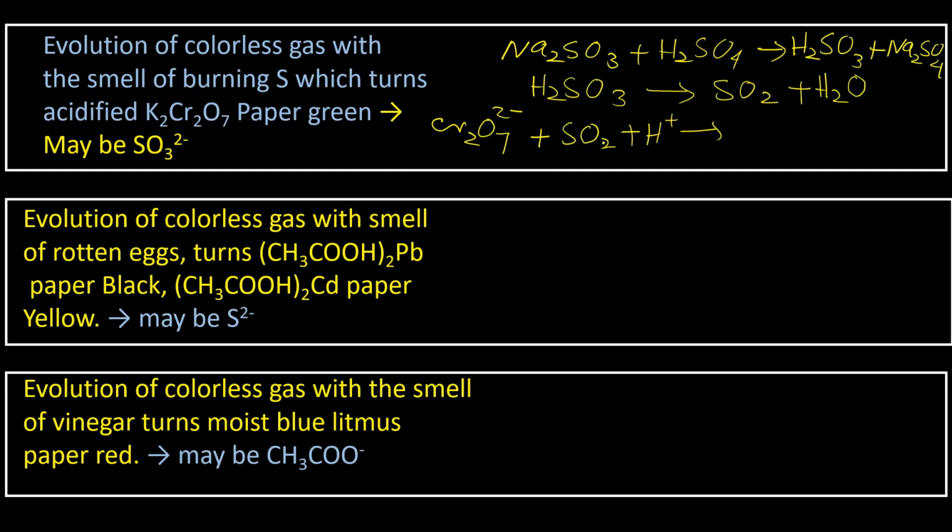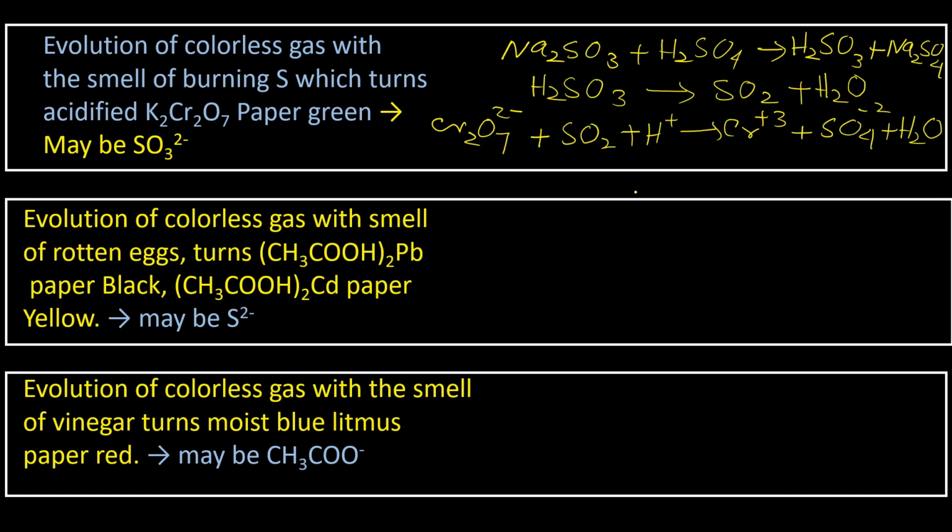So it will form the sulfate, that means the anhydride of sulfuric acid, and itself be reduced to chromium plus 3. Here it is chromium plus 6 state. Then it will be reduced by sulfur dioxide to chromium plus 3. So chromium plus 3 plus this sulfate will form, plus water.